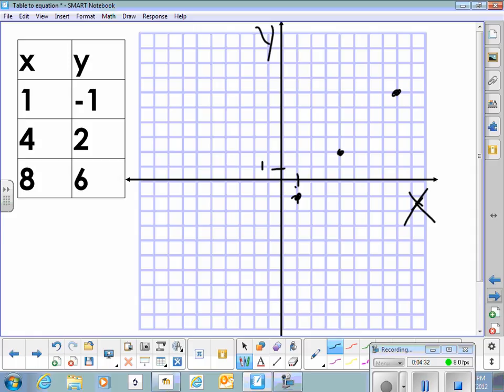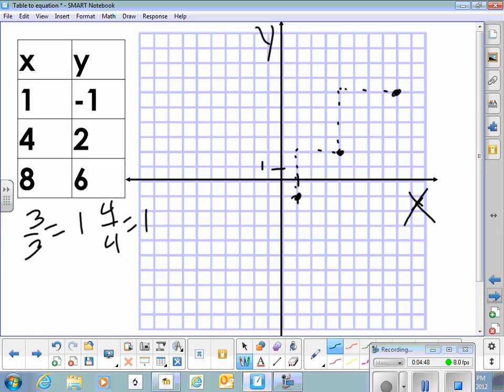So to get from one point to the next, I went up 3 over 3, up 4 over 4. Choosing either one of those, 3 over 3 or 4 over 4, either way still gives me the same slope.